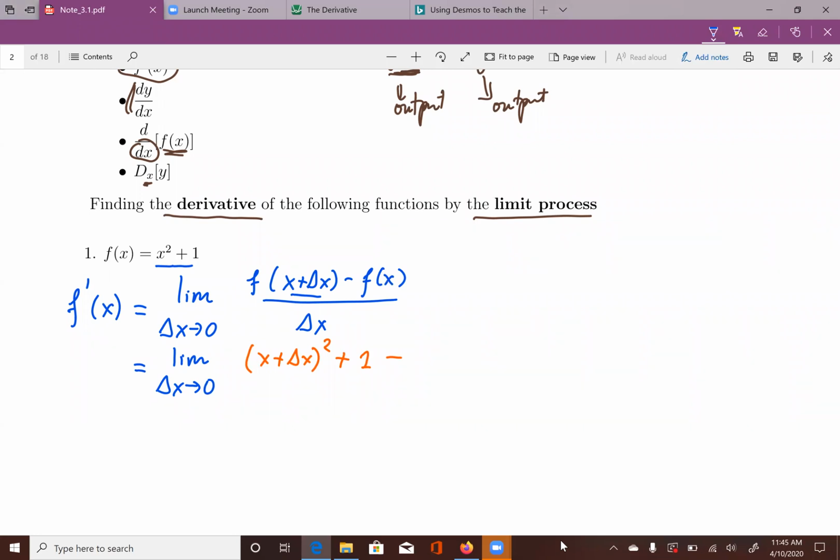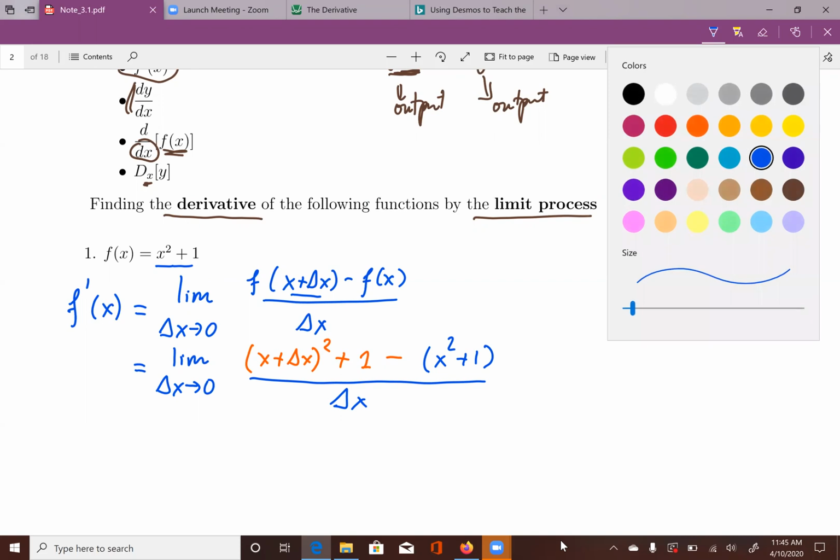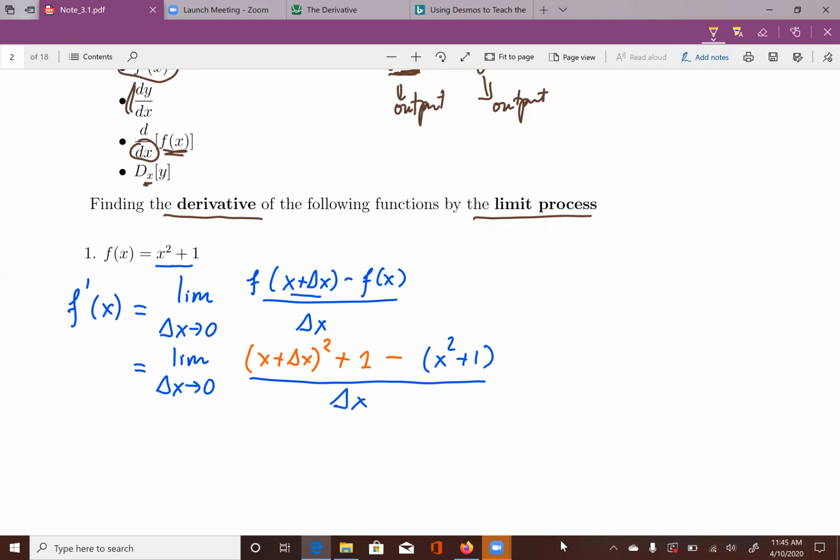So what is f of x? f of x is this function, x squared plus 1. And everything over delta x. Again, this is f of x plus delta x, and this is f of x, and this is delta x.